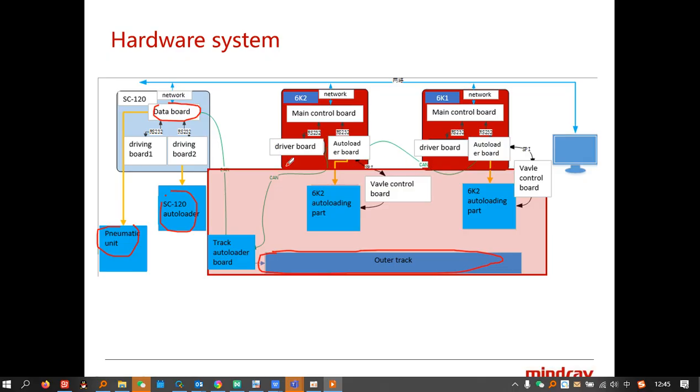And the drive board will communicate with the autoloader board of the analyzer of the main unit, and the autoloader board communicates and controls the autoloading part of the autoloading platform.